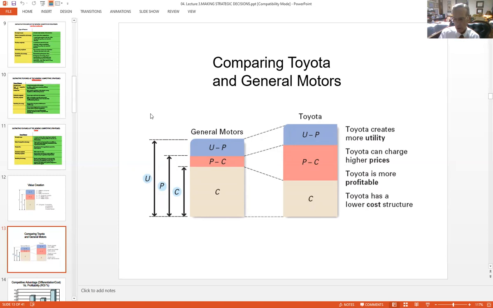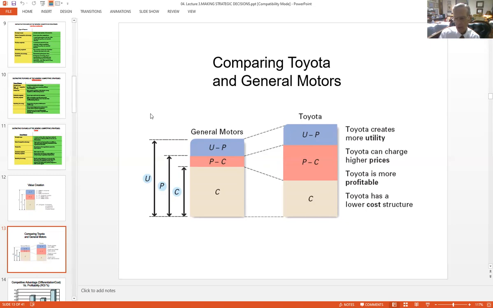And so even though the cost of doing so was higher, the consumer surplus was the same. Now, in fact, Toyota did not charge prices that much higher than General Motors. And so the customer got a lot higher consumer surplus, or added value, than buyers of General Motors products did back then when this diagram was drawn.